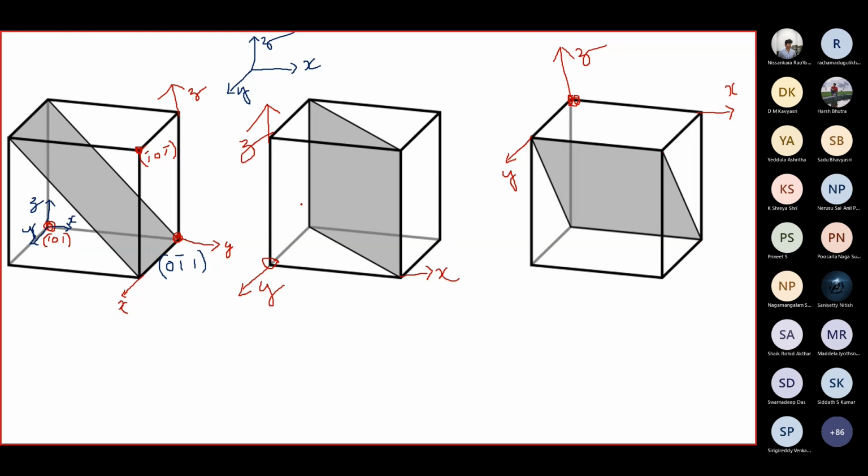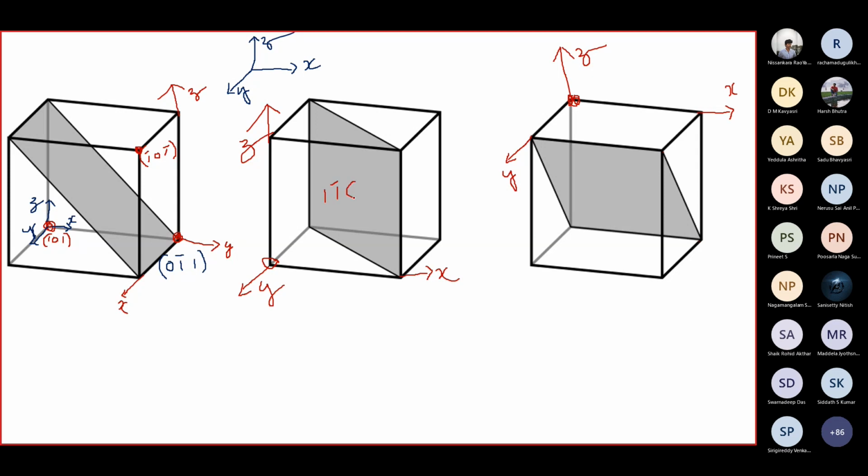When you say HKL values, no commas. And all negative values are always indicated with a bar over. Come on, say again: 1 1 bar 0. Very good. For this, it is 1 1 bar 0.